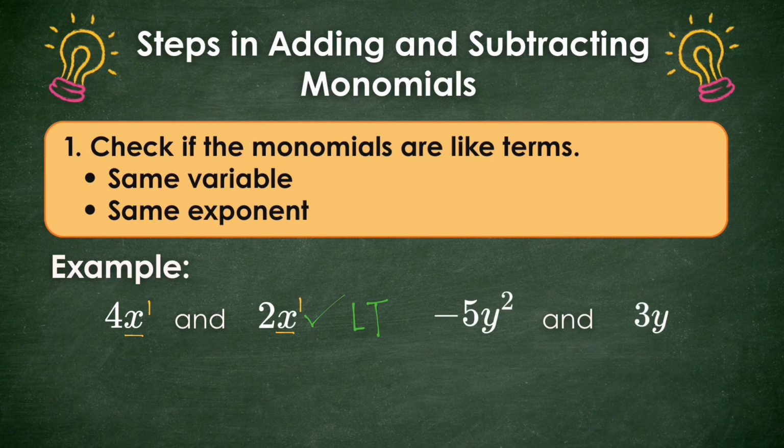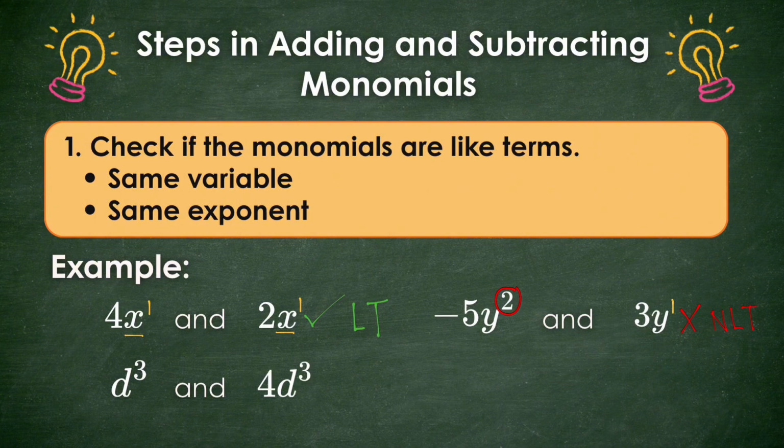Negative 5y squared and 3y. Are they like terms? No. Even though both have the variable y, their exponents are different. The first term has y squared, and the second y has the first power. Different exponents, not like terms.